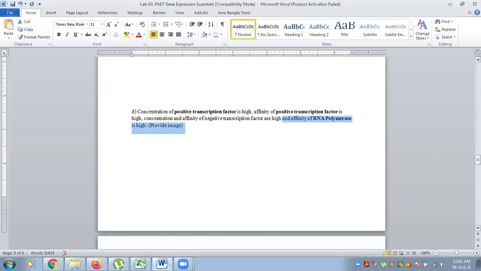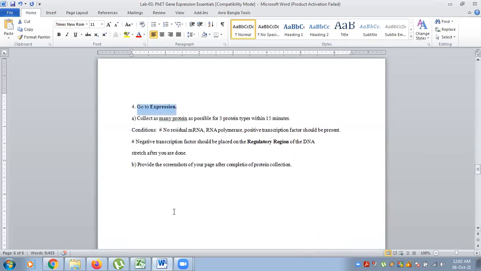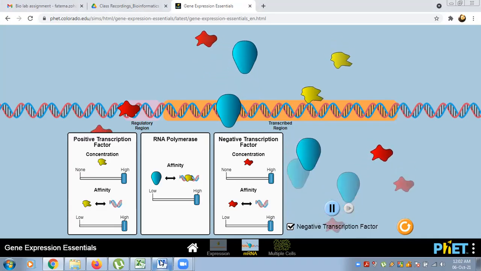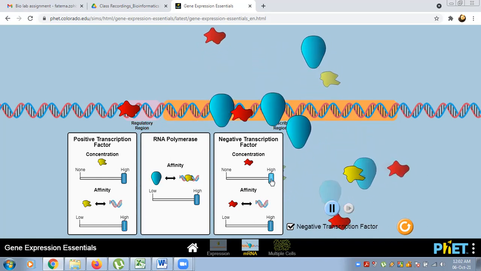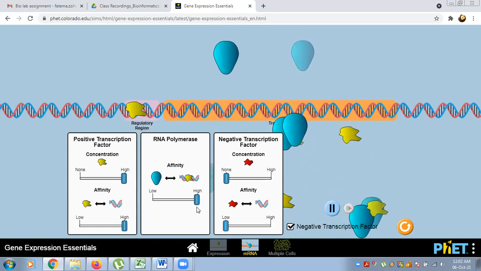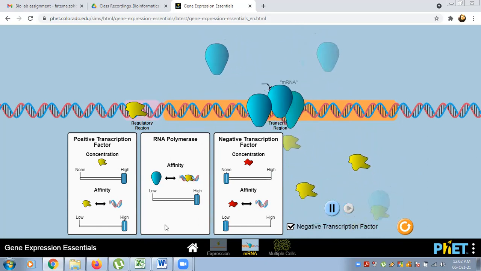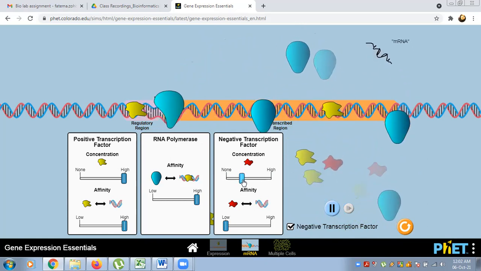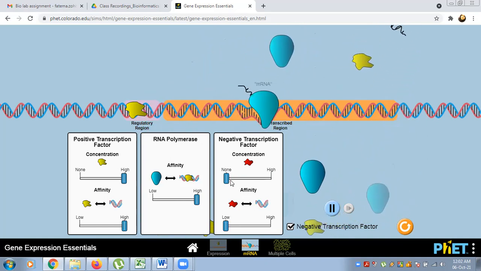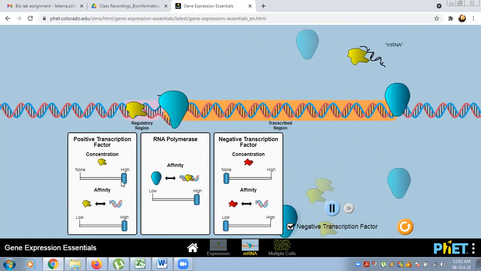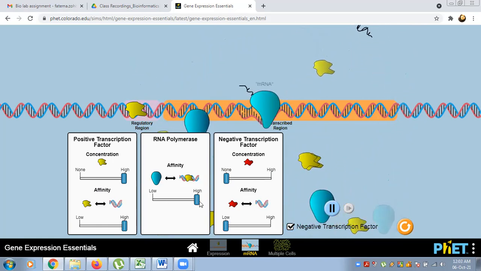Then number 4, go to expression. Okay. You see, when I have lowered the concentration and affinity of negative transcription factor, so there is no negative transcription factor, and the positive transcription factor concentration and affinity binding is high, then RNA polymerase affinity binding is also high.